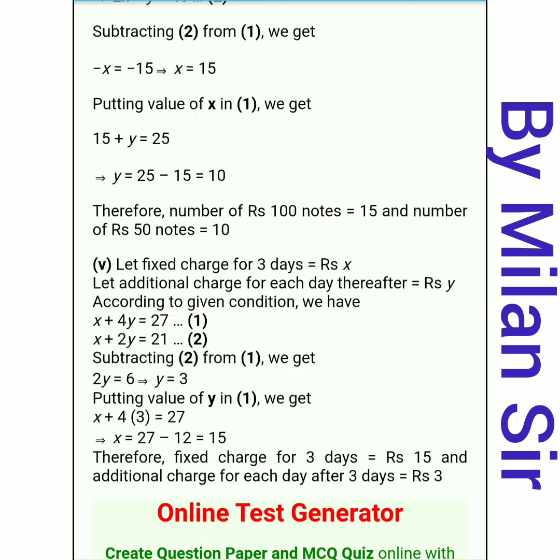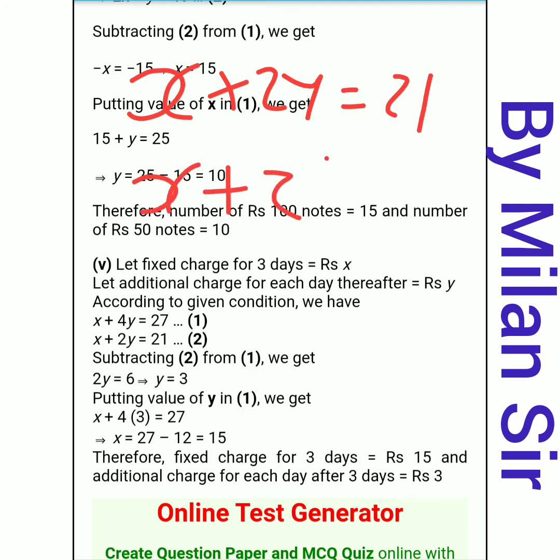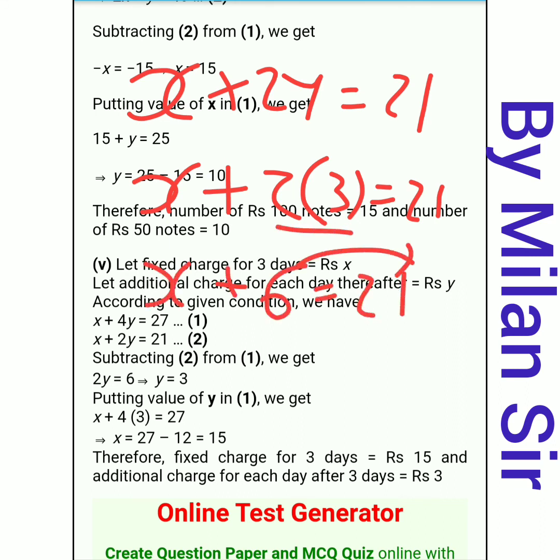Just put y equals 3 in equation number 2. Equation number 2 is x plus 2y is equal to 21. So x plus 2 times 3 is equal to 21, so x plus 6 equals 21. Now transfer this plus 6 to the right hand side, it becomes minus 6. So 21 minus 6 is 15.